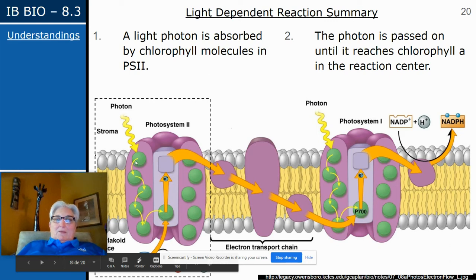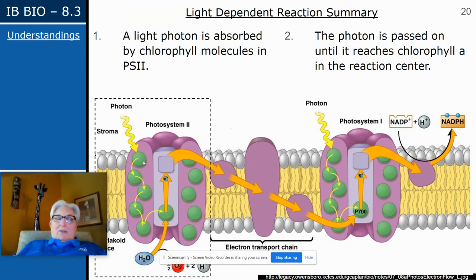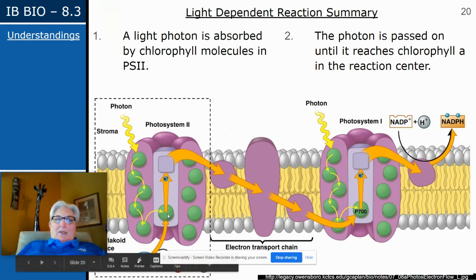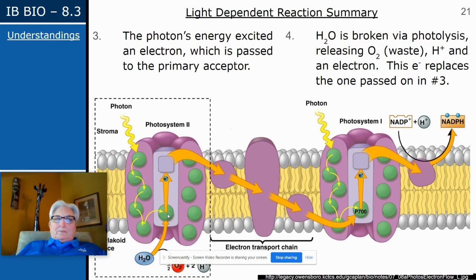The light interacts with the green pigment chlorophyll. That photon keeps moving until it reaches the chlorophyll and moves to the reaction center.